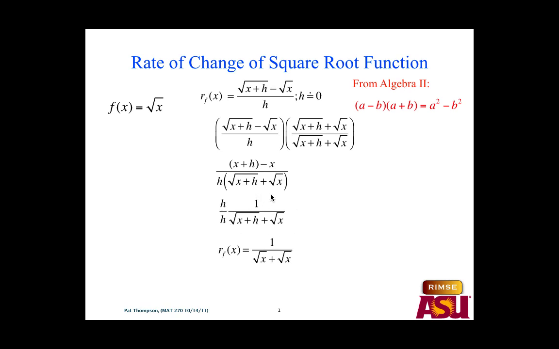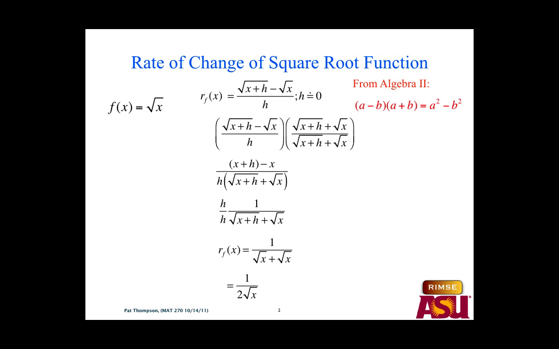All I have is a sum in the bottom where I'm adding essentially 0 onto an x under a square root sign, which this square root of x plus h gets closer and closer to just being square root of x. And that's the only place that the h appears in the whole expression. The rest of it would simplify to this, which if you add something to itself, whether it's x plus x or anything else, root x plus root x, that's 2 of them. So I've got 1 over 2 root x to write it more succinctly.